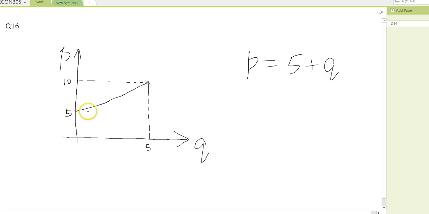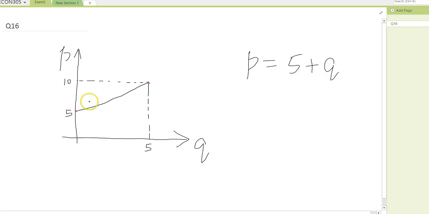And the supply curve is here. So the producer surplus, we know that's the area between the price and the marginal cost curve. And for a competitive firm in the short run, the marginal cost curve actually is the same as the supply curve.